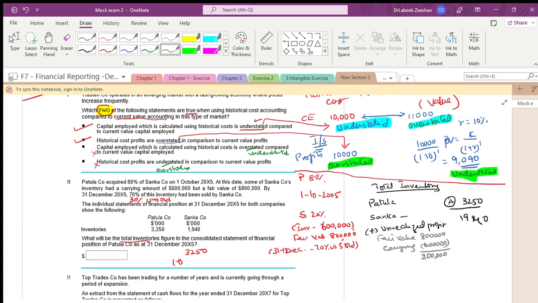200,000. Is it right? The percentage unsold: 70% is unsold. Is it right? Unsold is how much? 30%.